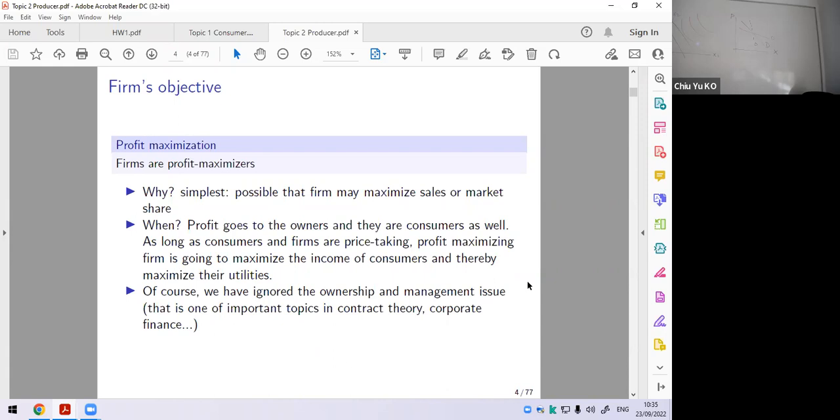So that's ignored. Those who study finance properly will think that's very important, because that is what corporate finance or contract theory is about. People who study organizational economics or organizational structure would think so too, because the study of organization basically goes into detail on how a firm works. But for our purpose, we just ignore it.